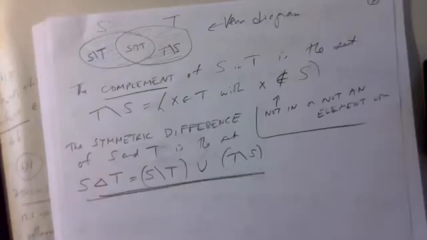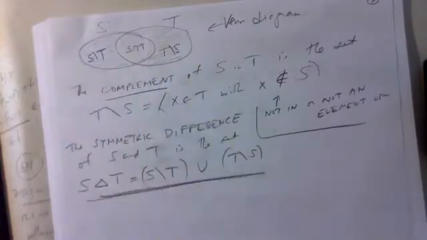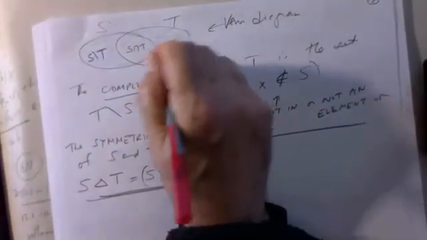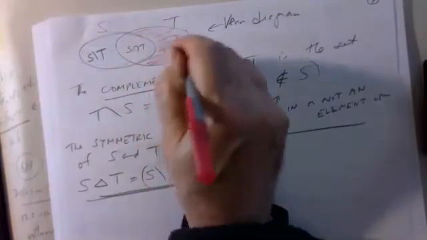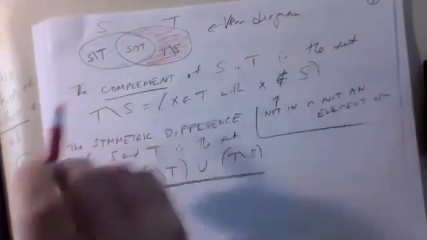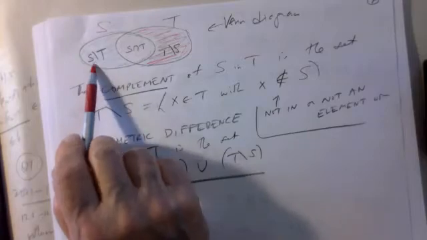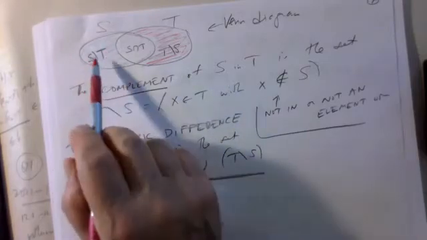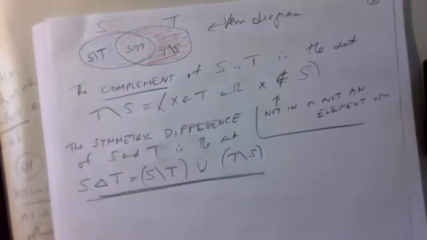We have the set S, the set T, the complement of S in T, everything in T that's not in S, is what's in red. The complement of T in S is everything in S that's not in T. That's what's in the blue. And the blue and the red together is the symmetric difference of the two sets.